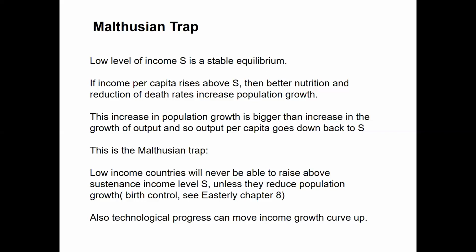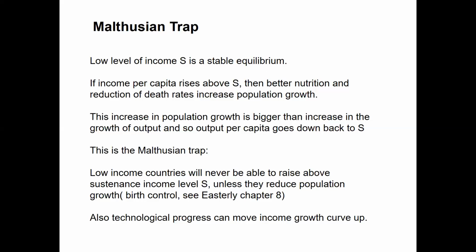Some of these ideas have been adapted to modern settings to think about the developing world. We can describe this in an equilibrium where the economy is at a low level of income. If income starts to grow, then better nutrition and reduction of death rates increases population growth.